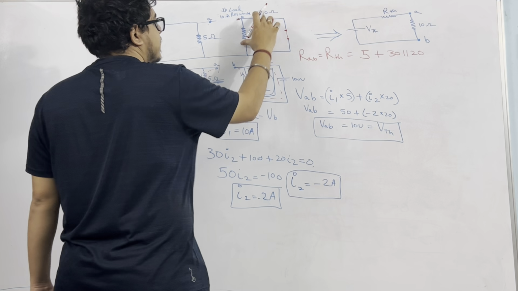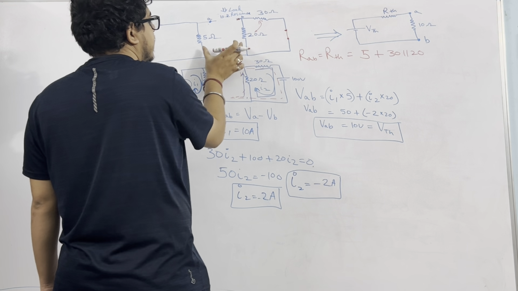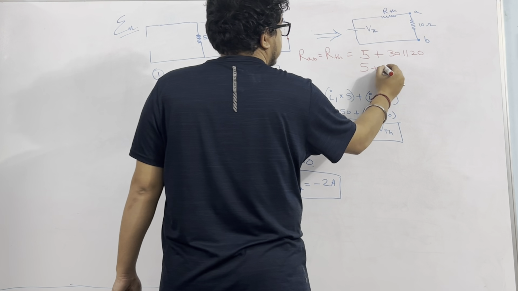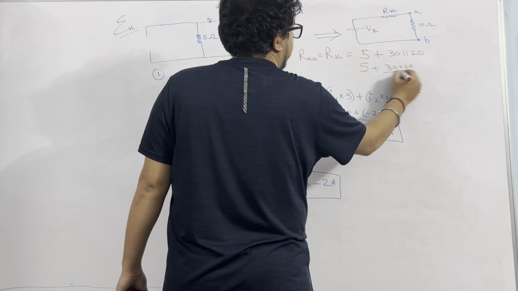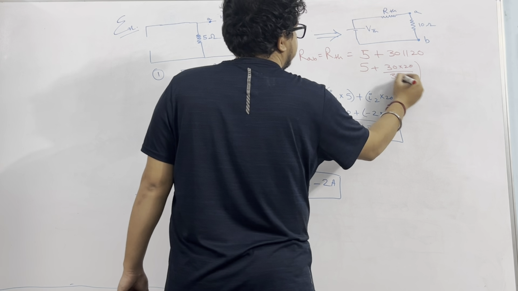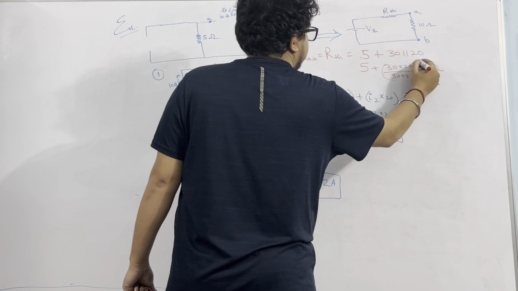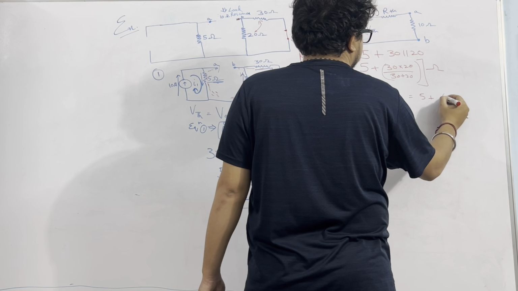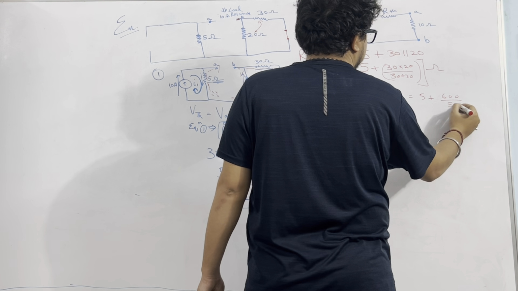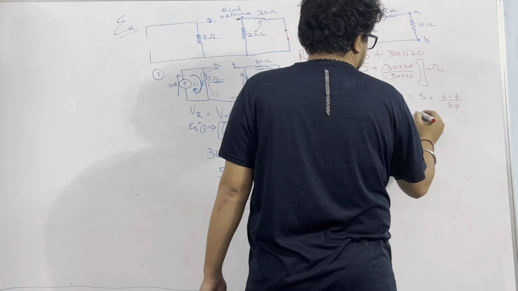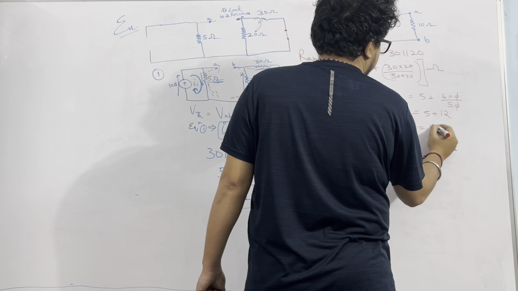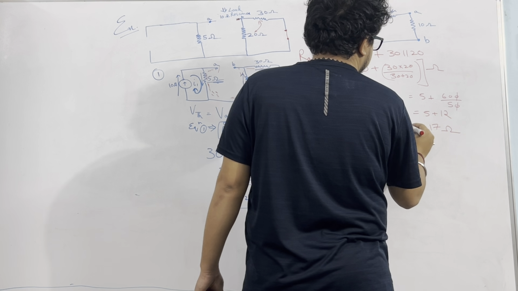The resultant of these 2 parallel resistors is in series with this 5 ohm, so it directly gets added. So it will be equal to 5 plus 30 into 20 upon 30 plus 20 ohms, which is 5 plus 600 upon 50, 5 plus 12 equal to 17 ohms RTH.